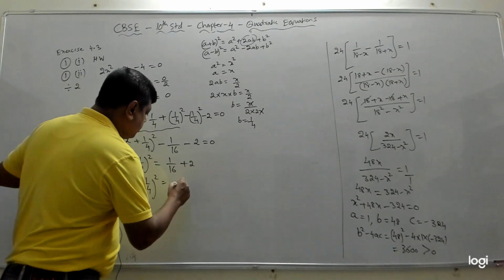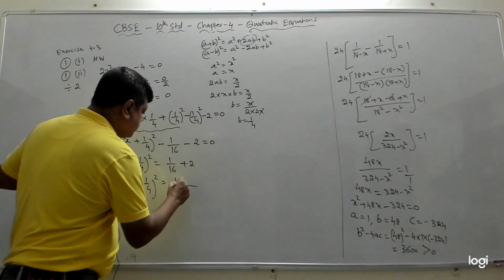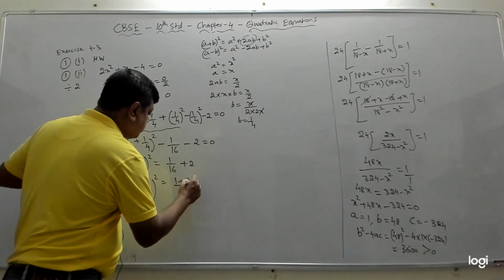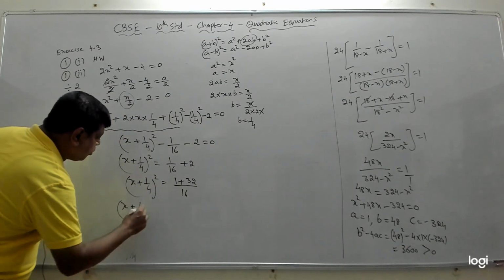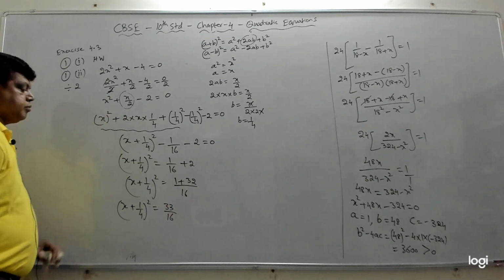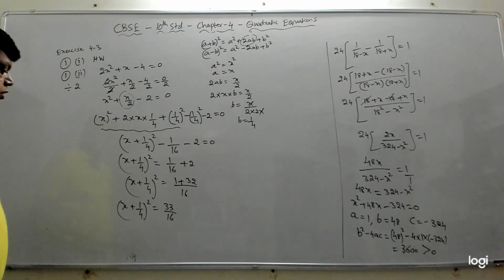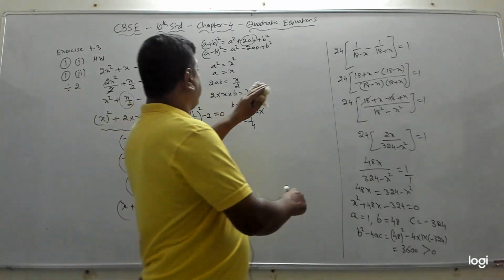If you add these two, what do we get? LCM is 16. 16 ones are 16 plus 16, 32. So you get x plus 1 by 4 the whole square equal to 33 by 16. So what will happen in the next step? I'll write the next step here.